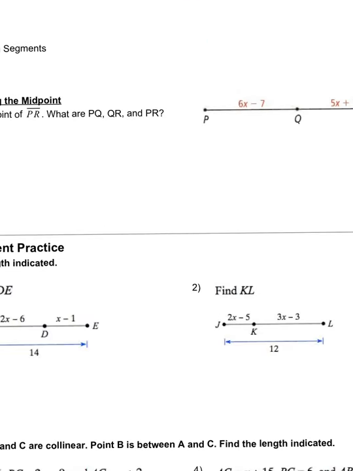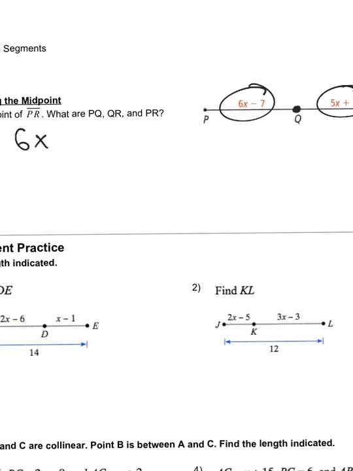So in part 4, we're going to use the midpoint. Q is the midpoint, and we want to find what PQ and QR and PR are. So a midpoint divides a line segment into two congruent parts. So this line segment is equal to this line segment.